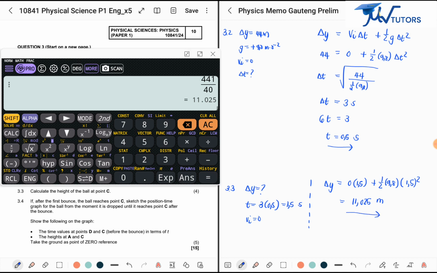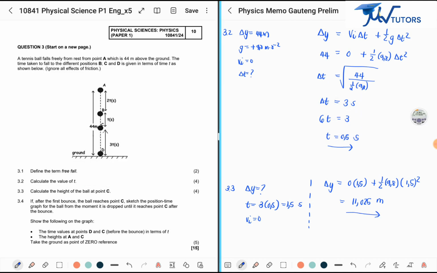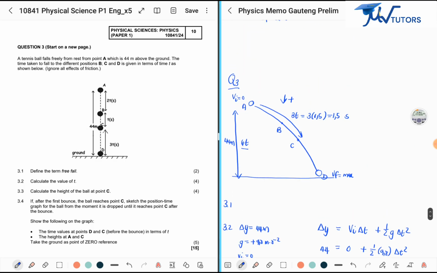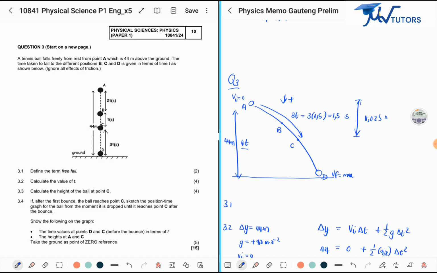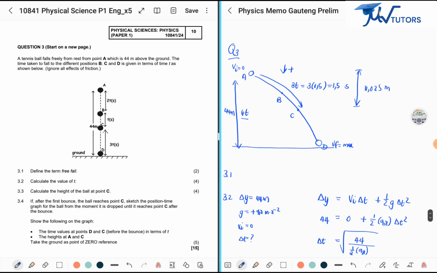Okay, so are we done? What is this 11 that we just got? This is that height, so from A all the way to C, because we're still going down. So that height there is 11.025 meters. They asked for the height of the ball. They didn't ask how far down the ball dropped, so we're basically looking for this height.